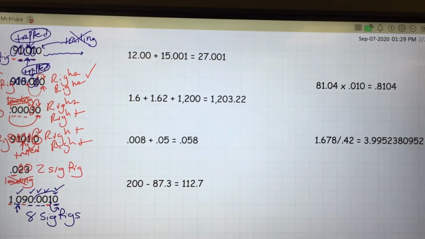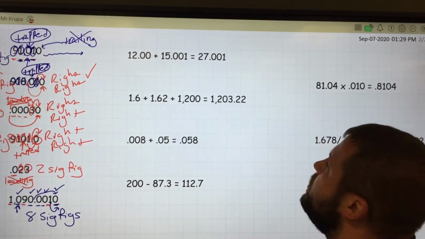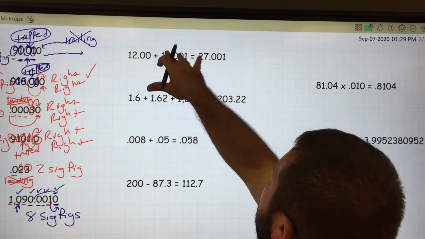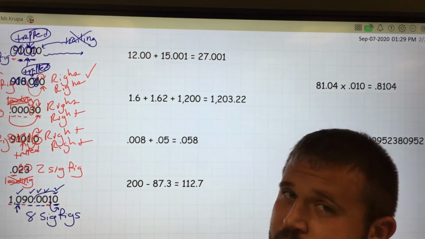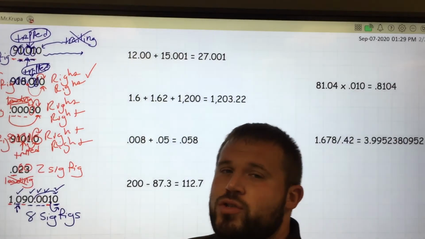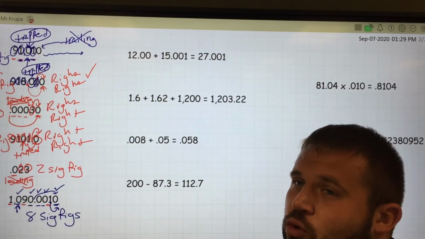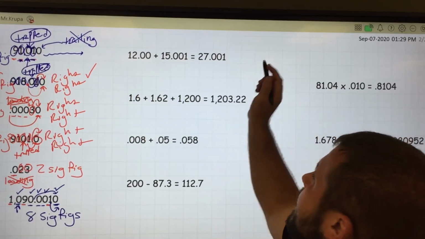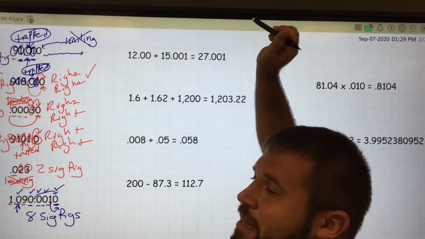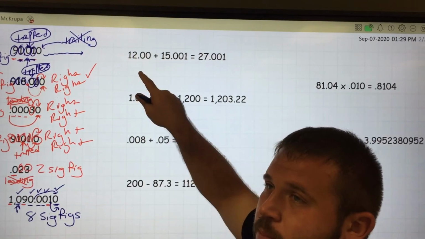Moving on to the addition and subtraction. This is what you get when you plug them in straight into the calculator. These are not rounded yet. What you have to make sure is using the proper rule. With addition and subtraction, it's the same rule. You can round your answer to the least number of decimal places in your problem.